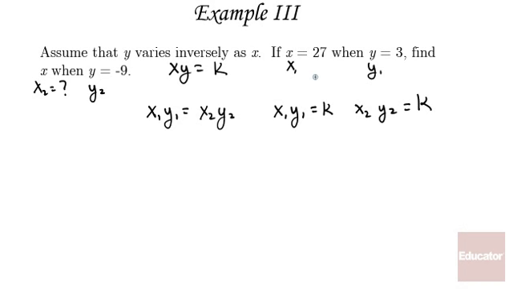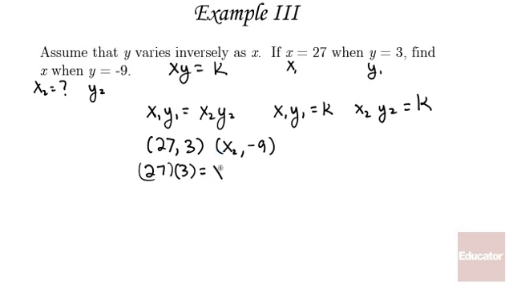Knowing that, I can go ahead and take my 2 points, and writing these out so that it's clear, my x1, y1 are 27 and 3. My x2, y2: x2 is unknown, and y2 is -9. So I'm being asked to solve for x2. I'm going to plug these values into this equation. That gives me 27, x1, times 3, y1, equals x2, which is unknown, times -9.